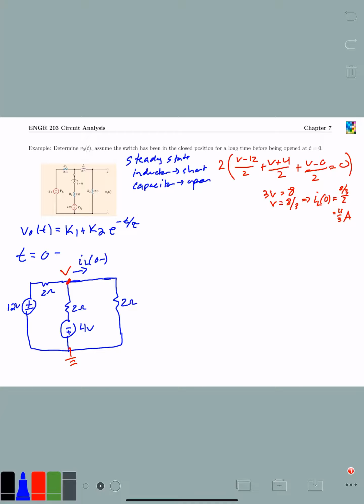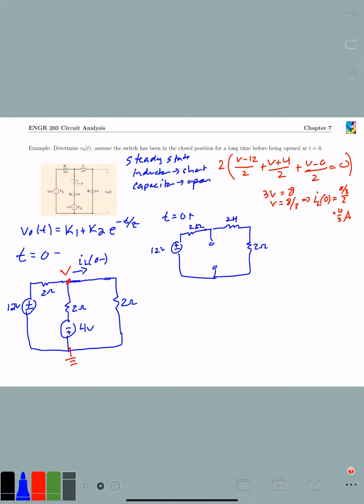Okay, that's the first time we look at it. The next time we'll look at it is right after the switch changes, and when that happens, this middle circuit here doesn't actually matter anymore because it's not going to be connected. We do have the inductor now because it's no longer steady state, something has changed.